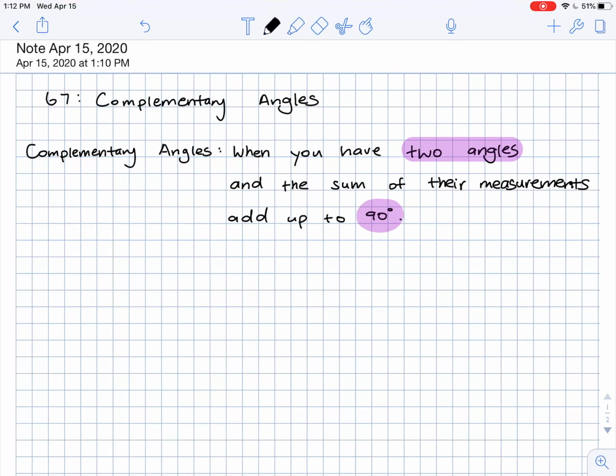What kind of an angle measures to 90 degrees? Do you guys remember? The type of angle whose measurement is 90 degrees is a right angle.